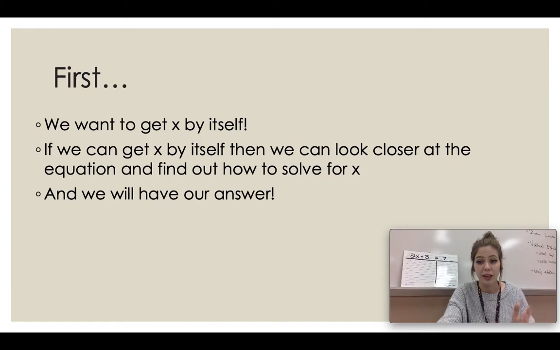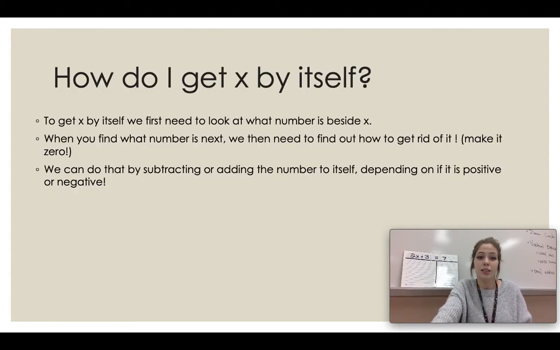First, when we get this equation, we're going to want to get x by itself. If we can get x by itself, then we can look closer at the equation and figure out how to solve for x, and then we can have our answer. To get x by itself, we first need to look at the number that is beside x. Not this one, but the one that is right here, next to an addition or a subtraction sign.